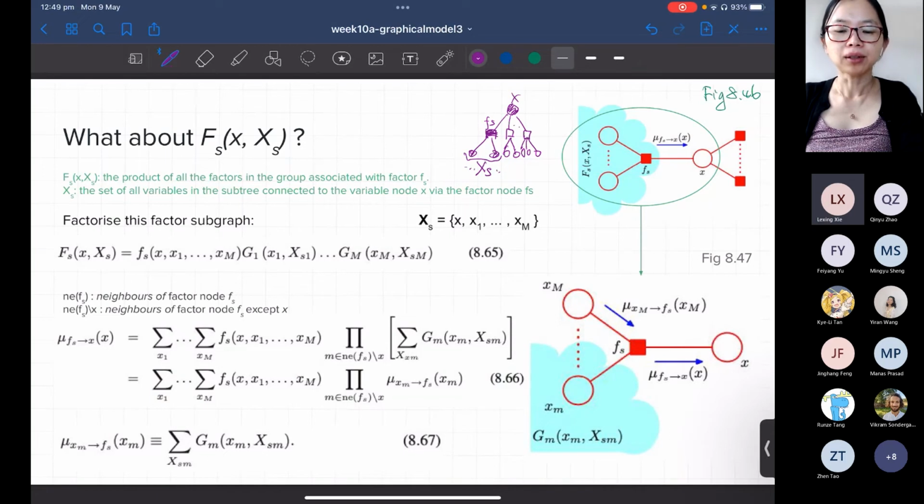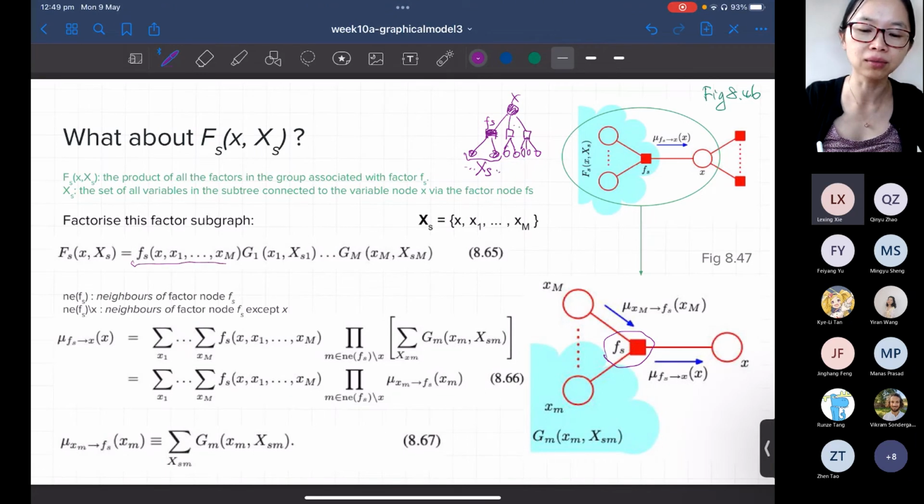So if we factorize this subgraph, we can write it as follows. We know that each factor node corresponds to one factor in the original factor graph definition. So we first need to write out this factor. Assume it's connected to M nodes, then it's a factor of f_s(x, x_1, ..., x_M). So it involves the original node x, and maybe M other nodes.